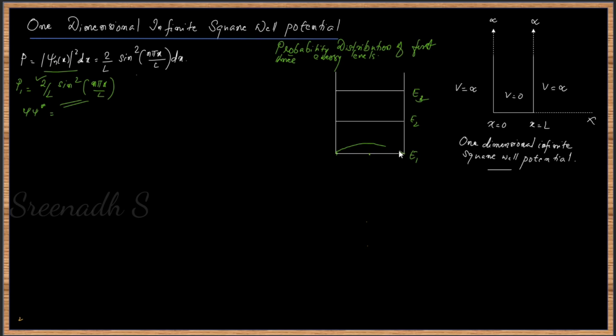Okay, so I will draw smoothly. For the second state, previously it was one up and one down curve.